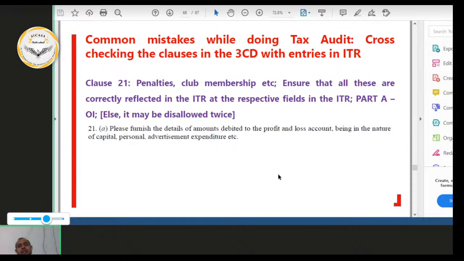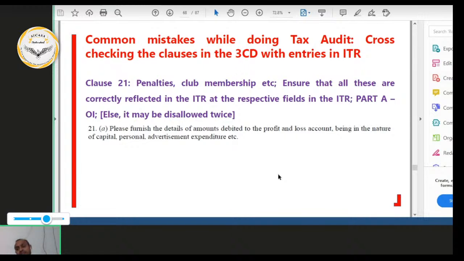What is that? The department issues a notice to you, under 143 one year adjustment first they will issue, saying that there are 10 items in 3CD, corresponding adjustments are not there in ITR, that's why I'm making some additions. They will do that. And already you disallowed everything, but through a different box.